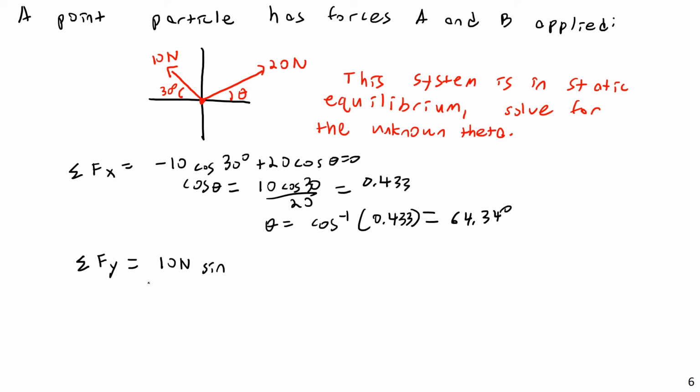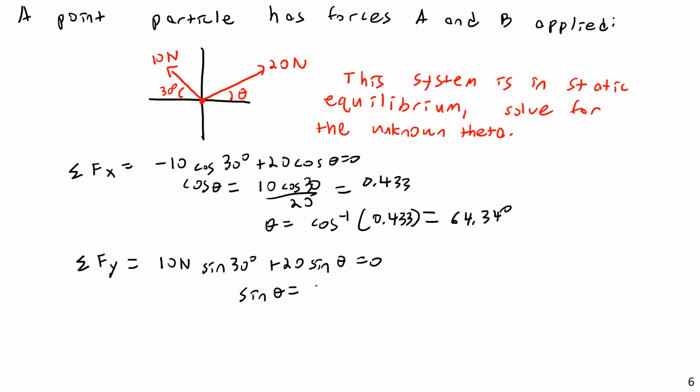Okay, now let's do the sum of forces in the vertical direction. 10 sine of 30 degrees plus 20 sine of theta is equal to 0. So then sine of theta is equal to negative 1/2 times the sine of 30 degrees, which will be negative 1/4.